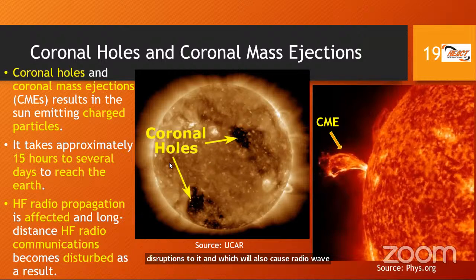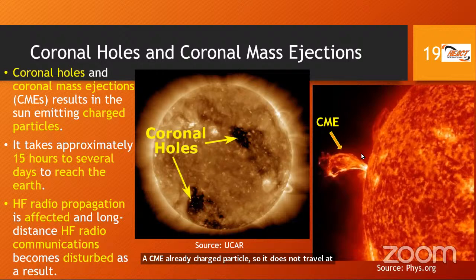So we need to be aware that these CMEs, when they get here, they are charged particles that arrive, and therefore they affect the ionosphere, it affects the magnetic properties of the Earth's magnetic field. So unlike the solar flares, that the UV rays and the X-rays, they're traveling at the speed of light, they'll get here in 8 minutes. A CME are really charged particles, so it does not travel at the speed of light, right?